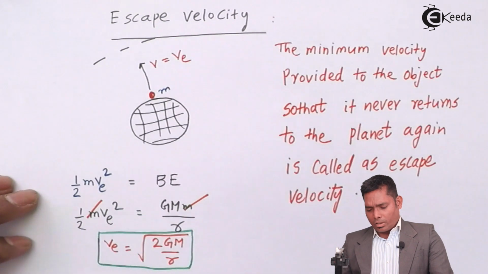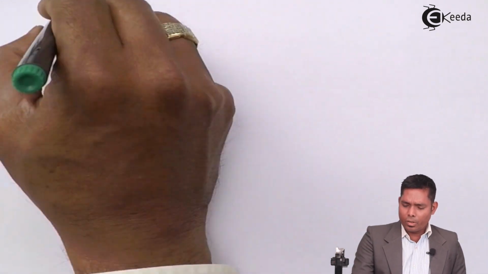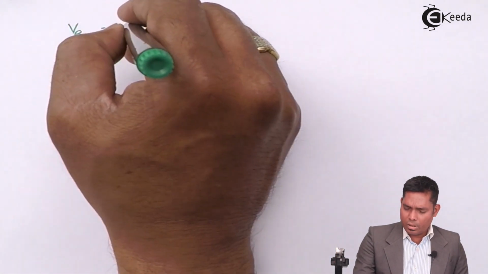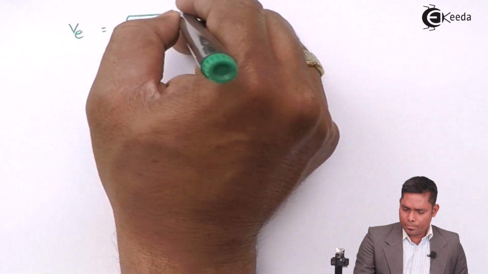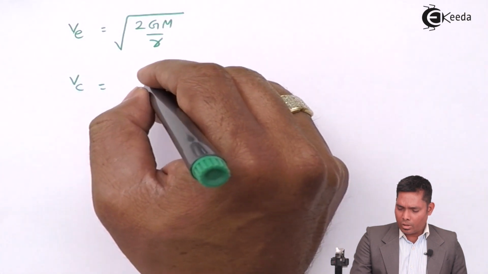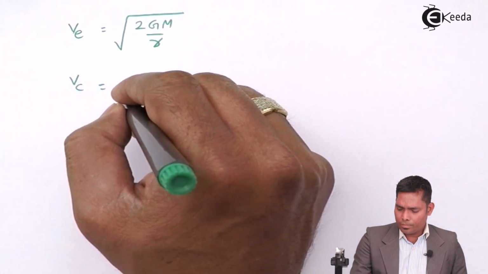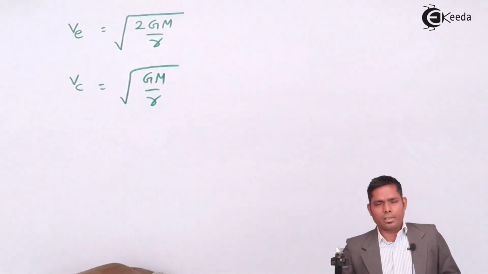Now this escape velocity and the orbital velocity that we discussed earlier, we can relate them. Escape velocity is root of 2GM over R. Orbital velocity or critical velocity is root of GM over R, the critical velocity of a planet or satellite.